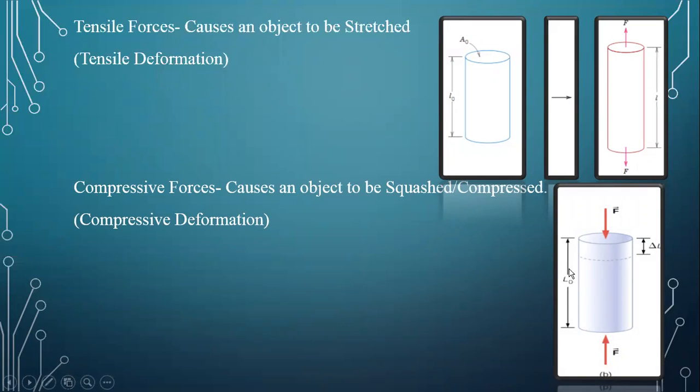Under the action of these compressive forces, its length reduces, and the change in length is represented by delta L. Here delta L is the change in length. This kind of deformation is called compressive deformation, which occurs under the action of compressive forces. And the above kind of deformation is called tensile deformation, which occurs under the action of tensile forces.